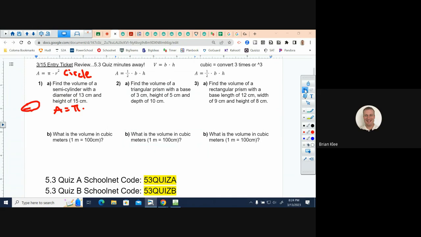Let's color code that for everybody. So this distance is the 13. The radius, you should remember, is just half of that. So from here to the edge is the radius: 13 divided by 2 gives us 6.5.